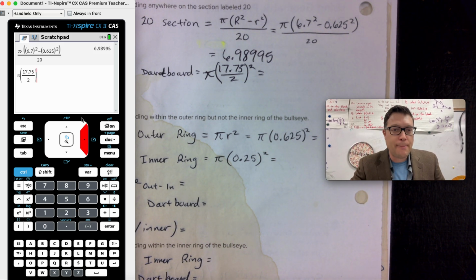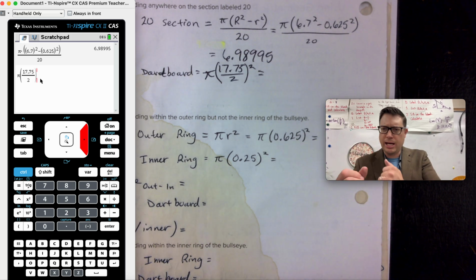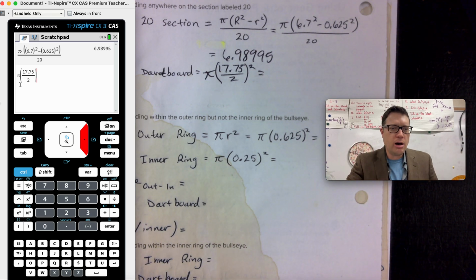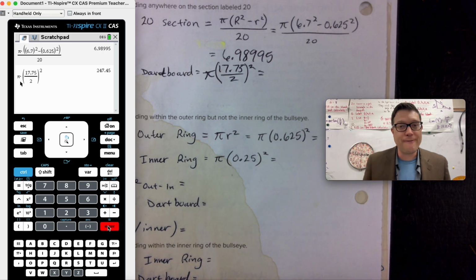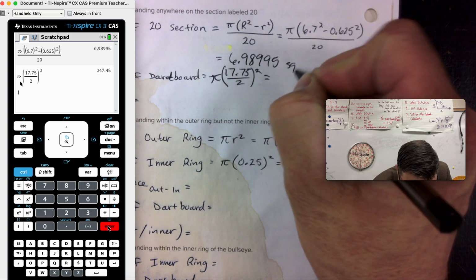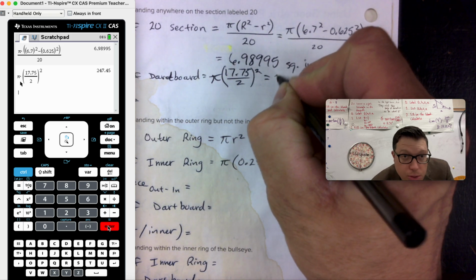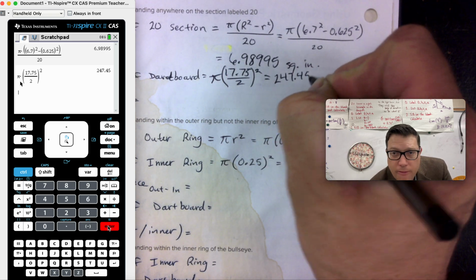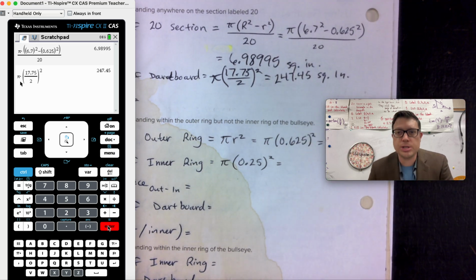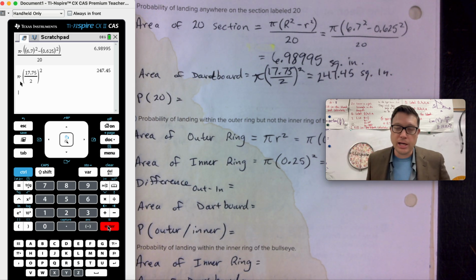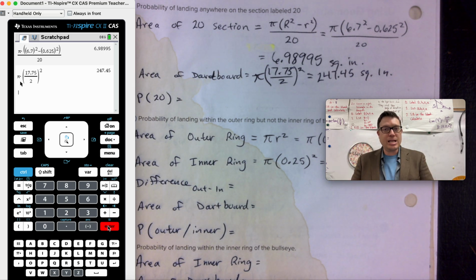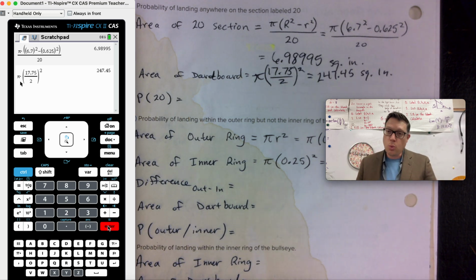I pressed the right button twice to move my cursor to the outside edge of the parentheses, and now I hit the square button and enter. 247.45 square inches. Okay, then the geometry is done.